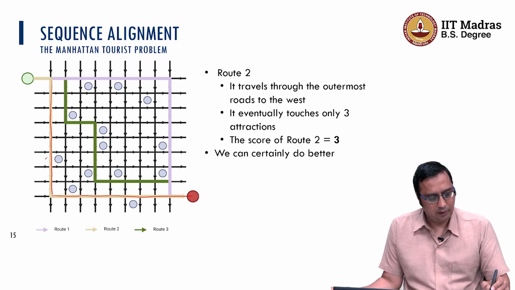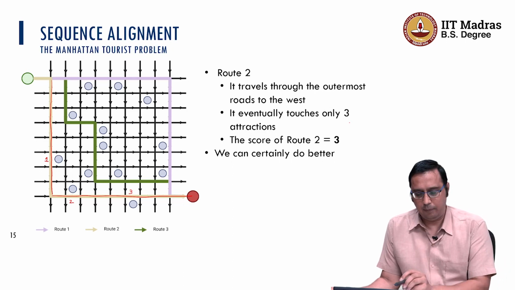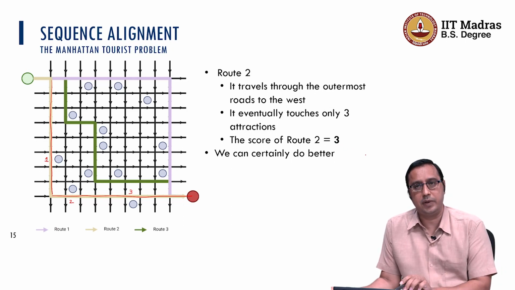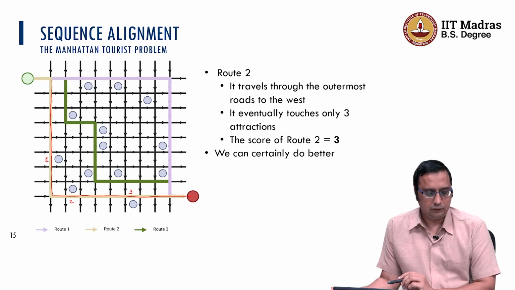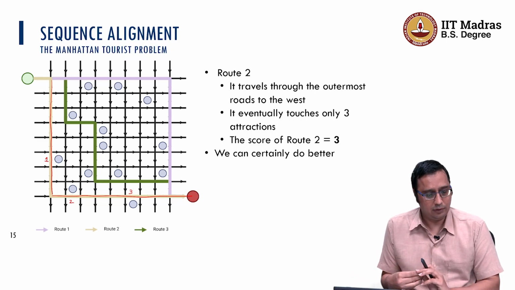Here I have touched this attraction and this attraction. So my score is lower than route 1 because I have 1 plus 1 plus 1, which is equal to 3. And of course, we can do better. We can try to figure out other routes.